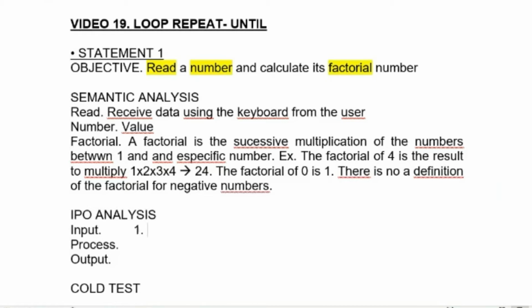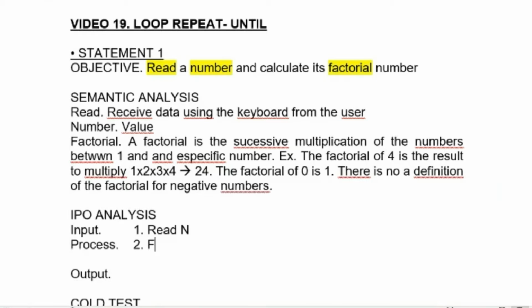First step, read a number. So you need to read a number. N is the name of the variable that will store the number. Okay? Then calculate its factorial number. Step number 2.